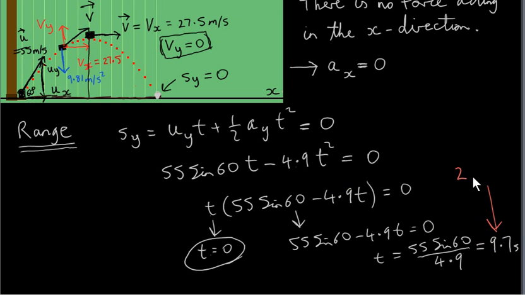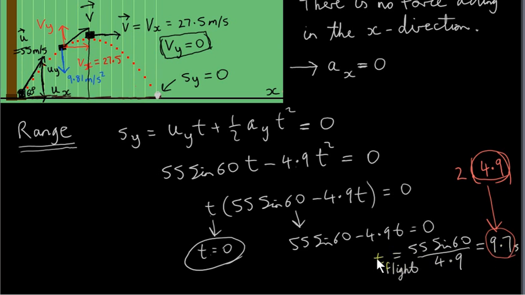This is 2 times 4.9. We got 4.9 the last time, but because of rounding error, we don't get exactly half of this. But this number here should be half of this number. So the time taken for the particle to reach its maximum height should be half the time taken for the particle to go all the way and hit the ground.